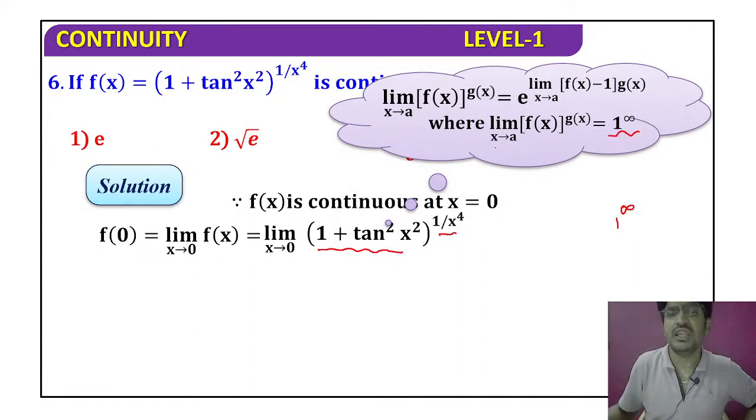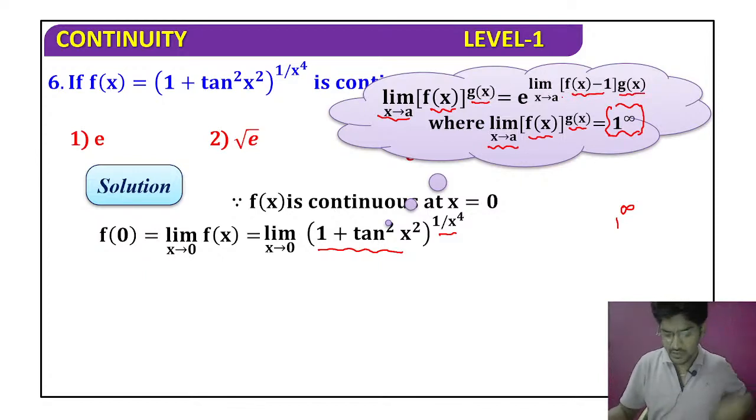If the limit x tending to a of f of x to the power of g of x becomes 1 to the power of infinity, we have to solve it as limit x tending to a of f of x to the power of g of x equal to e power limit x tending to a of f of x minus 1 into g of x. So this is our important formula.